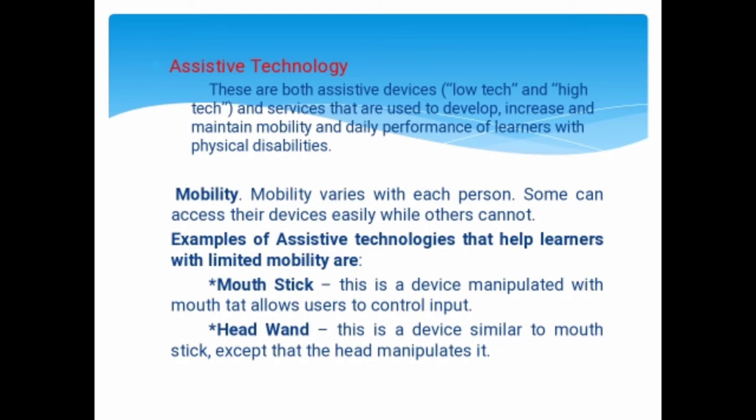A mouth stick is a device manipulated with the mouth that allows users to control input, while a headband is a device similar to a mouth stick except that the head manipulates it. Other mobility aids include scooters, walkers, canes, crutches, and orthotic devices.